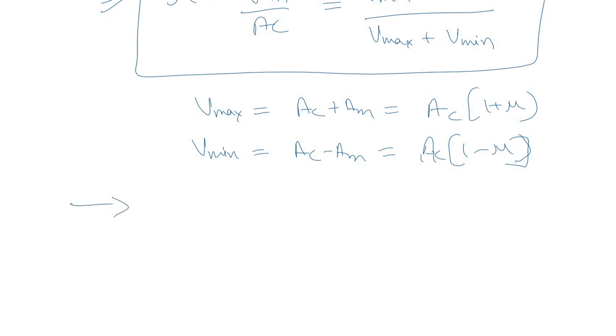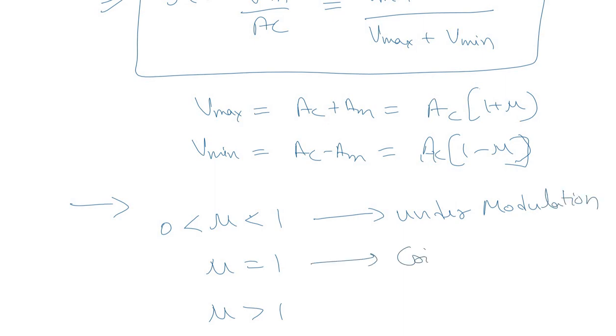We can have different cases for the modulation index: mu can be less than 1, mu can be equal to 1, mu can be greater than 1. These are the possible scenarios that we have. Mu between 0 and 1 is the case of under modulation.